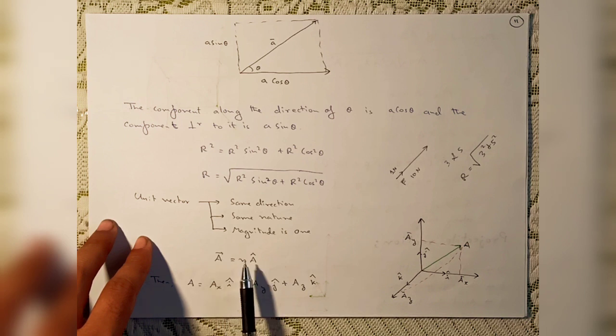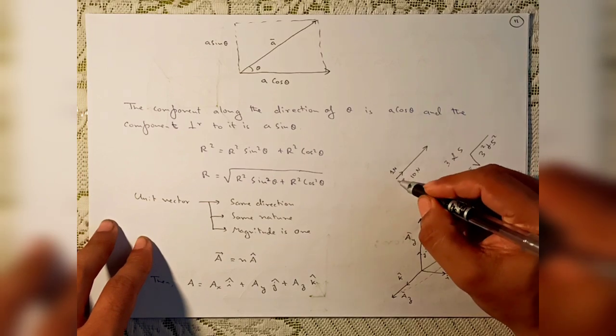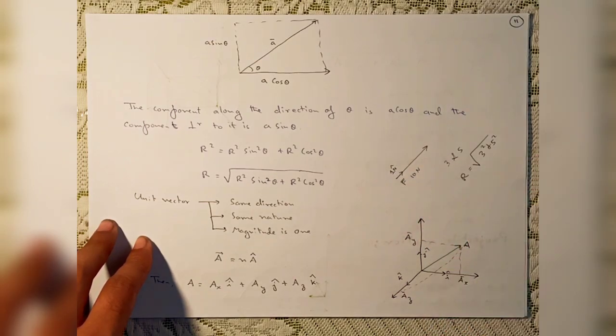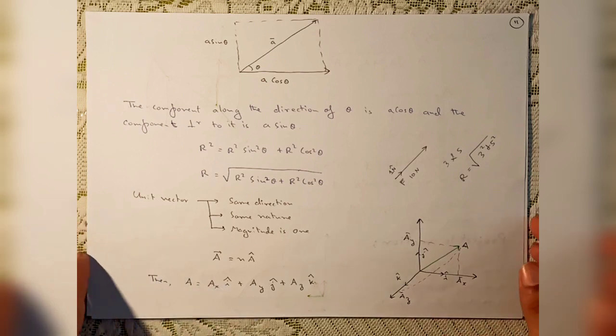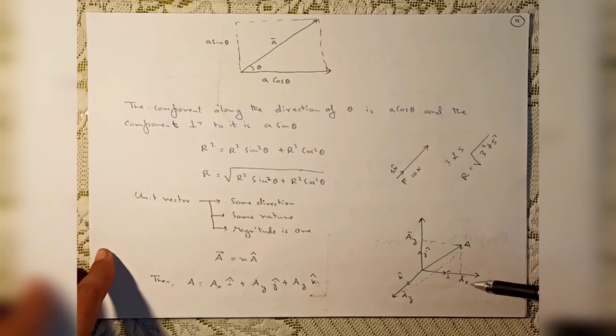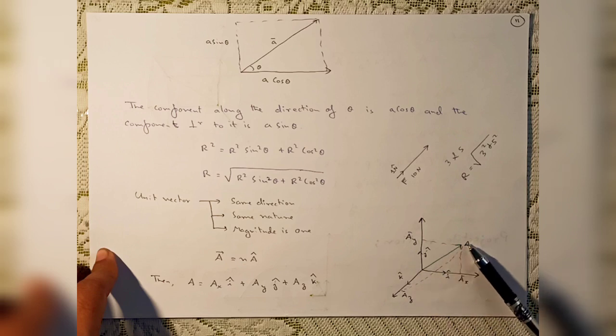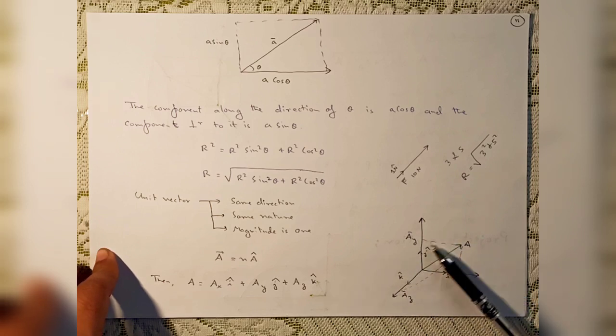This is the unit vector and it is expressed in this form: A vector is equal to A magnitude times A cap. Okay, a unit vector is mostly denoted by a cap in this term. Okay, and then the unit vectors along all the three coordinates. For example, out here one vector A has been drawn, having all the three coordinates x, y and z.